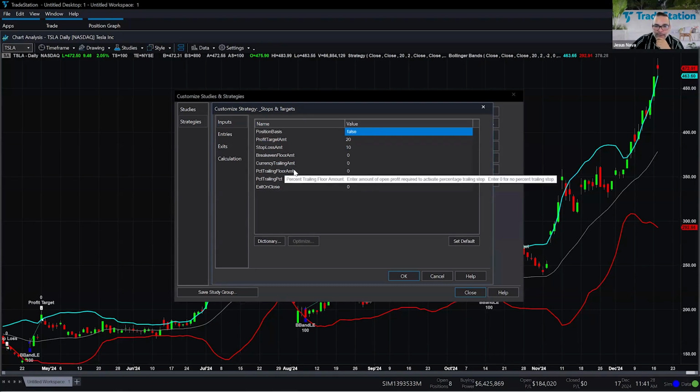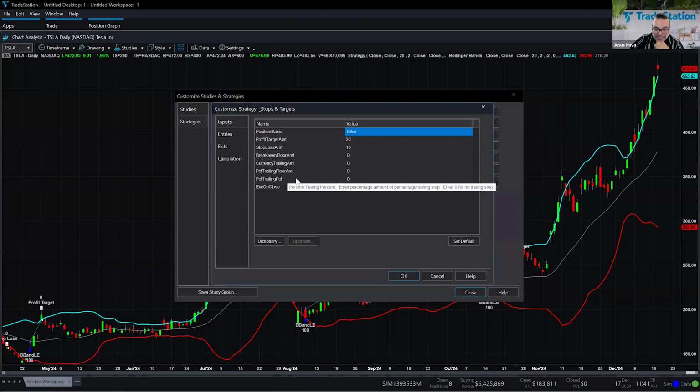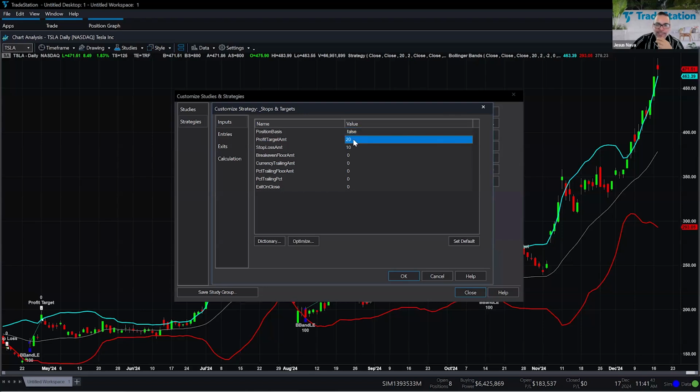You have a trailing amount, you have a percent trail amount, and you specify the percentage, and you have the exit on close. Those are just different types of exiting and managing your position. But what I wanted to do is I wanted to let the strategy tell me what would be an appropriate profit target and a stop loss for this strategy, which is pretty cool.